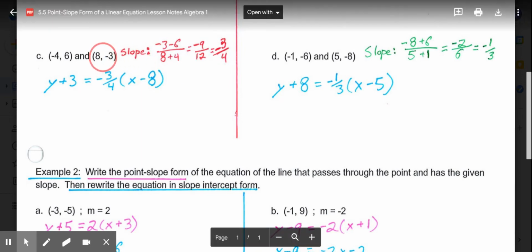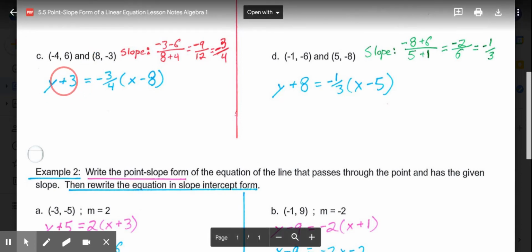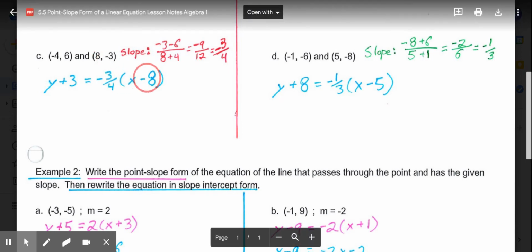I'm going to use 8, -3. So to start with, the -3 goes in for y1. So y minus a -3 is y plus 3 equals our slope, -3/4. Then in parentheses, x minus x1, so x minus 8. And there's our equation for that line.